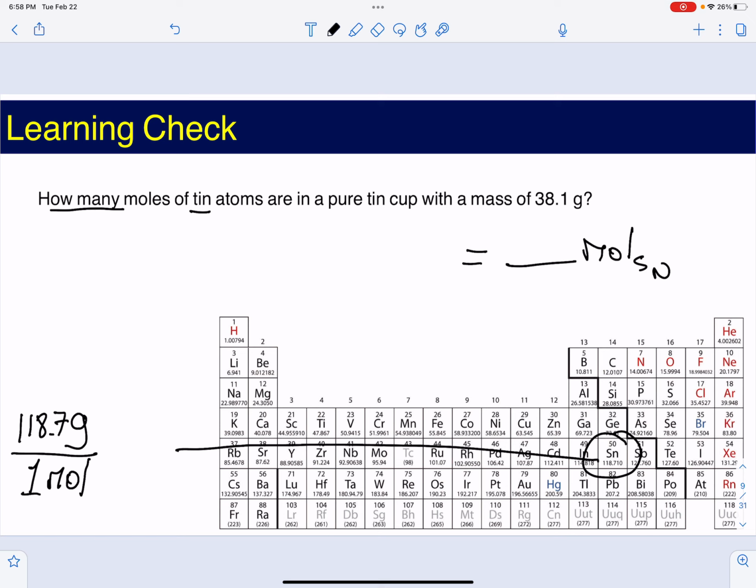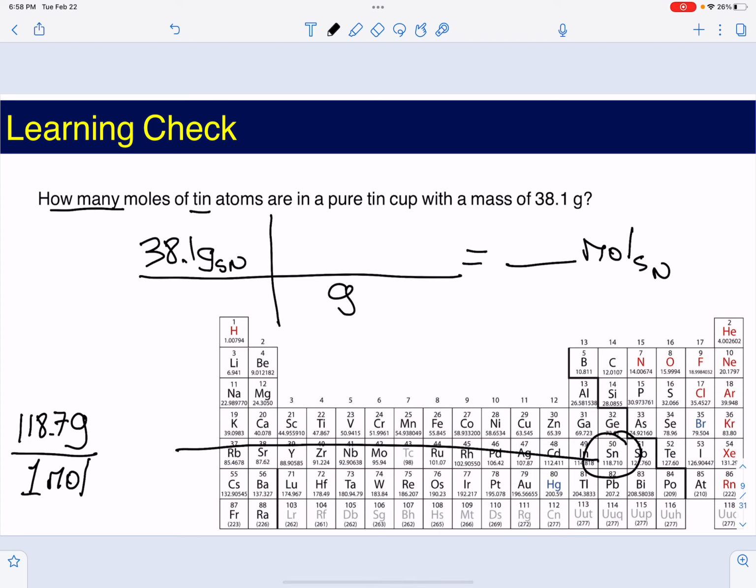So we're starting with 38.1 grams of tin, which means I do not want the grams of tin because I want the moles of tin. How can those two be related? By molar mass. Molar mass is always 1 mole, and according to the periodic table, this should be 118.7. Grams cancel with grams. The only thing remaining is the moles, which is what you were looking for.